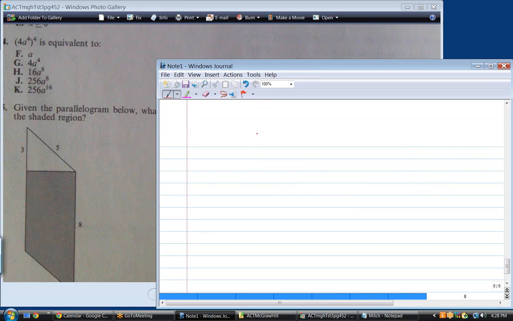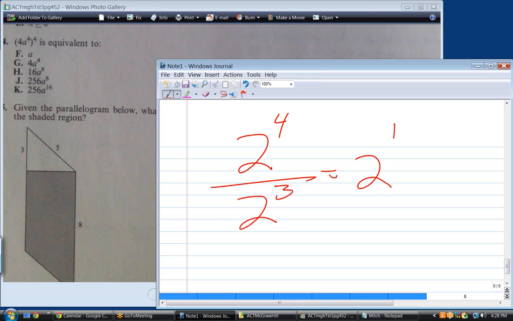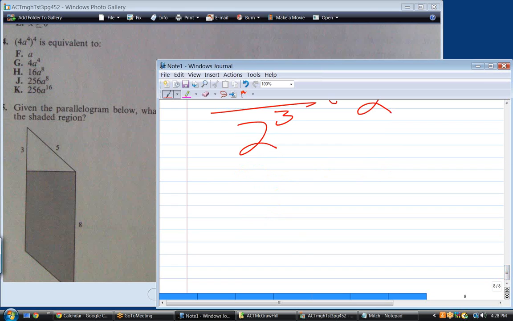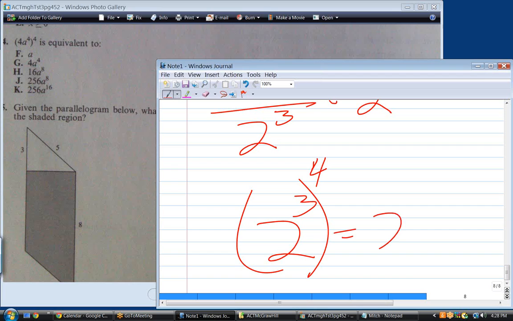If I am dividing the bases, if I have 2 to the 4th over 2 to the 3rd, I subtract the exponents. And there's only one other situation, and that's where you have exponentiation followed by more exponentiation. I tend to call this double exponentiation. Well, this is where you multiply the two exponents.